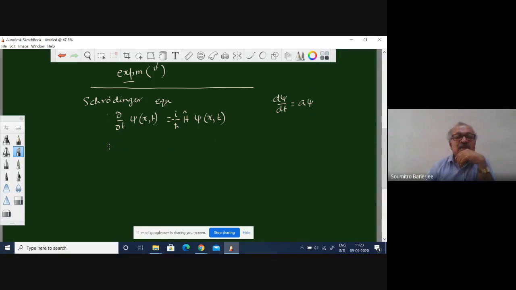We can easily solve this one also in a similar way. psi x t will be e to the power minus i H operator t by h cross psi x initial condition, right?